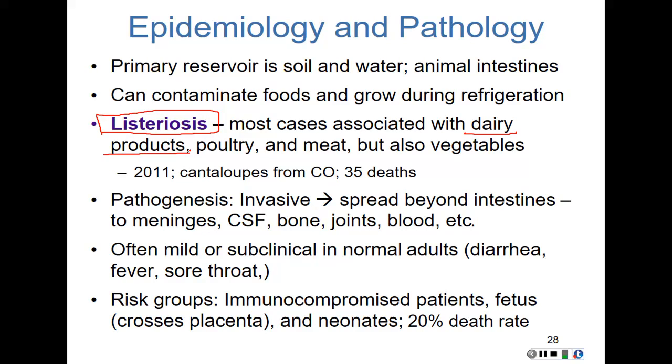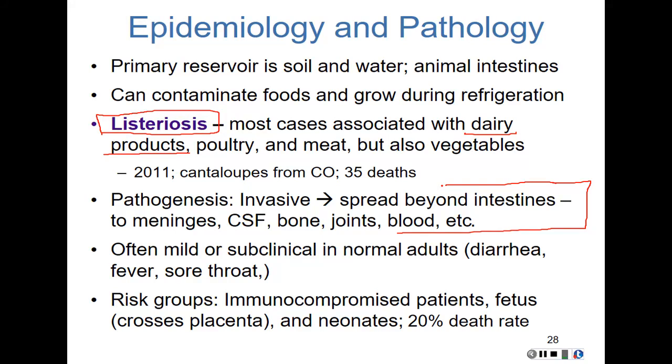Okay, so we know this is foodborne related. We know a little bit about its virulence factors, about living inside phagocytic cells and moving between phagocytic cells. What makes it so deadly? This is not just a foodborne intestinal issue. This organism can spread beyond the intestines, and this is where it becomes a very dangerous organism.